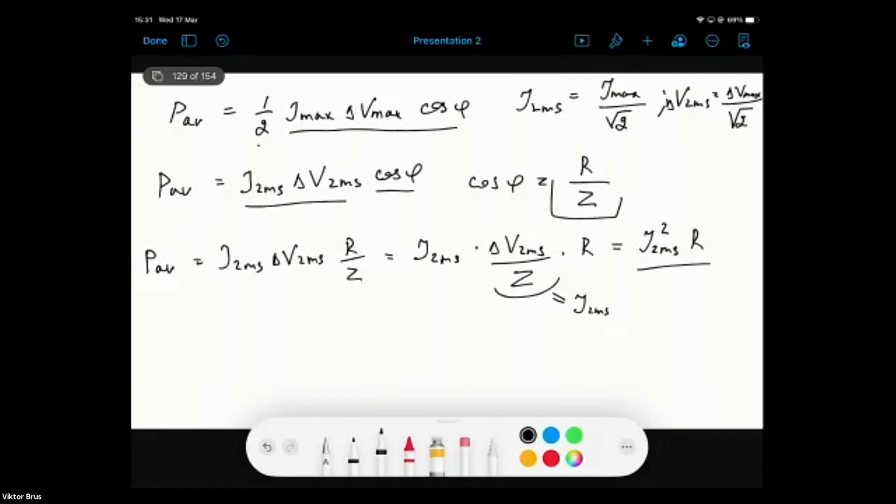So why does it happen like this? Just because twice per period, energy from the AC power source is initially accumulated in the form of electric and magnetic field in the capacitor and inductor respectively, and twice per period it is returned back to the power supply.